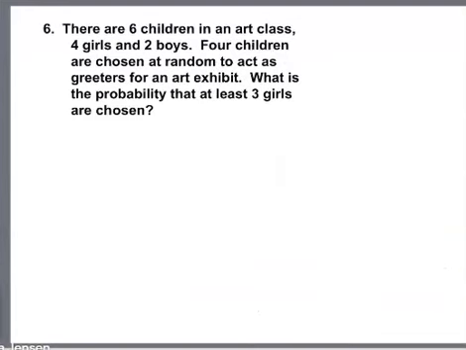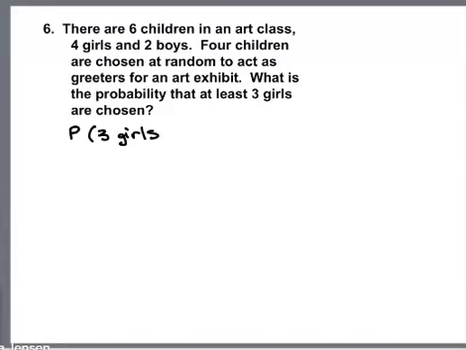All right, so let's just do another one that has some combinations in it. So there are 6 children in art class, 4 girls and 2 boys. 4 children are chosen at random to act as greeters for an art exhibit. What is the probability that at least 3 girls are chosen? So at least 3 girls means that really we're talking about the probability of 3 girls.